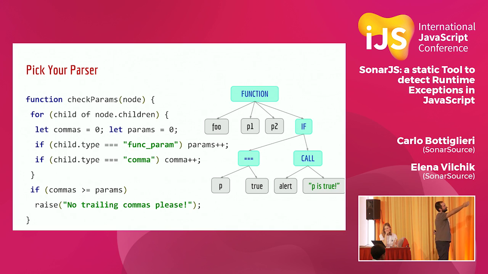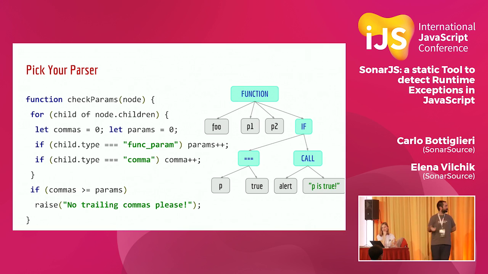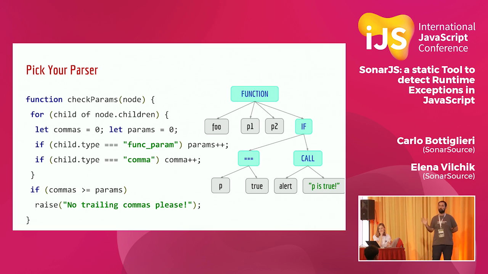In fact, I discovered that they are lost into this big list of children which contain everything, the function name, the commas, etc. So what we have to do is, okay, let's scan through all of the children for something called function parameter, and look for the commas, count them, and if the number of commas is larger than the number of parameters, then raise the problem and say, hey, you have a trailing comma.